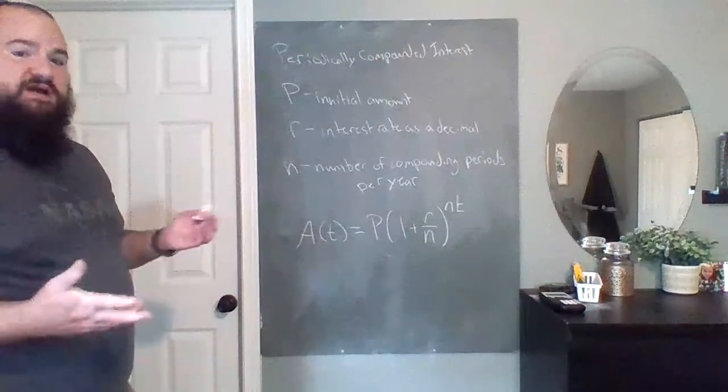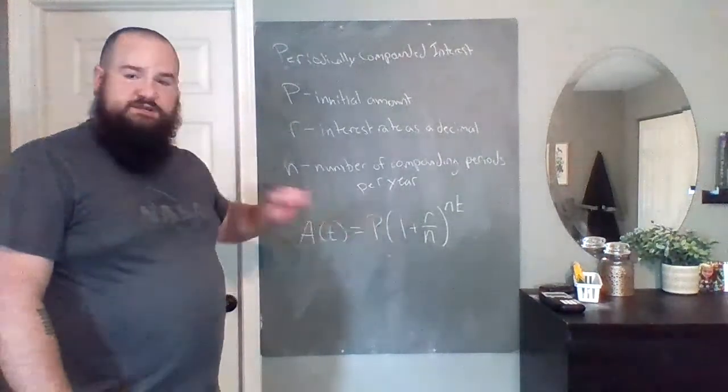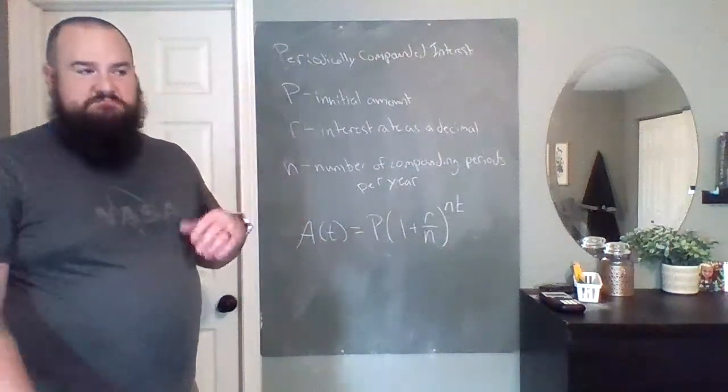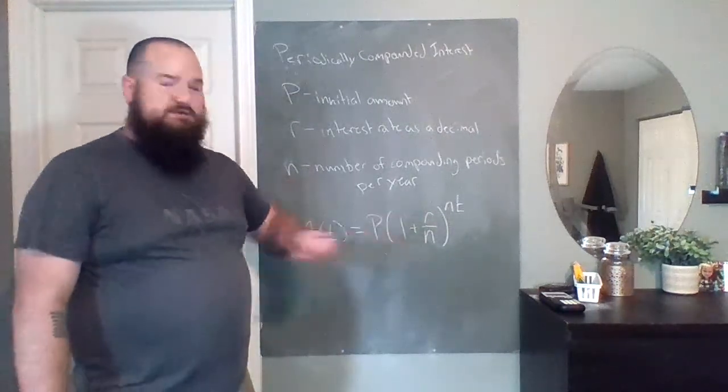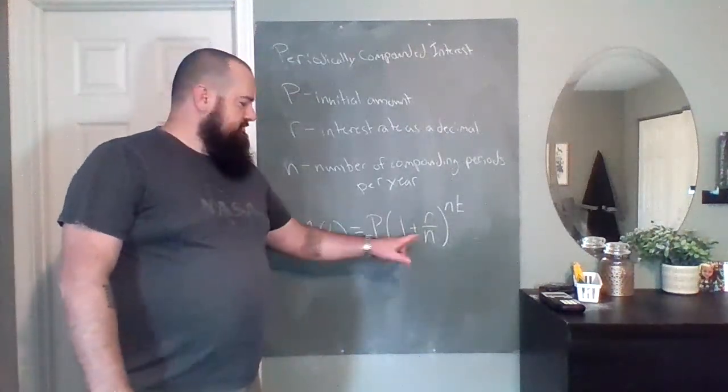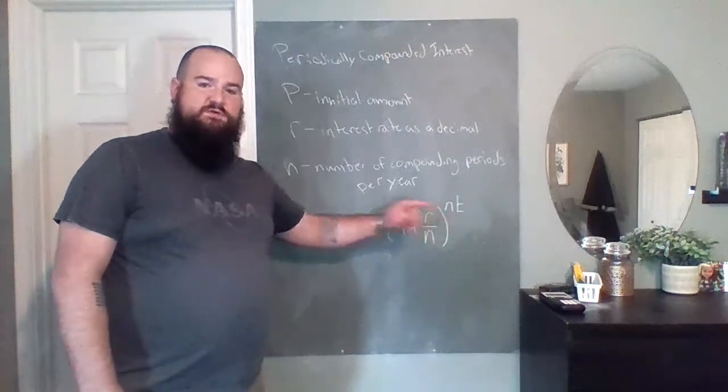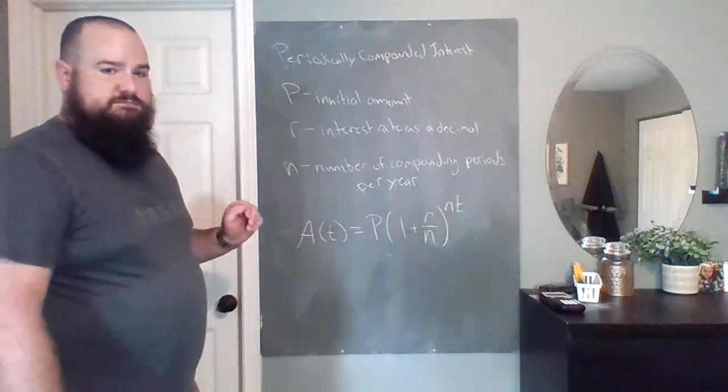If it's $5,000, we'd have 5,000 here. Say 5% interest, 0.05 here, compounded monthly. So there's 12 months in a year, so we'd have 12 in both those spots. And that's our function.